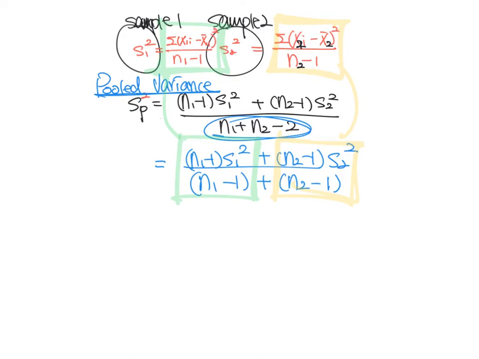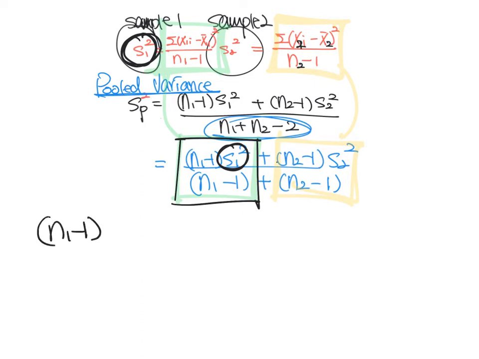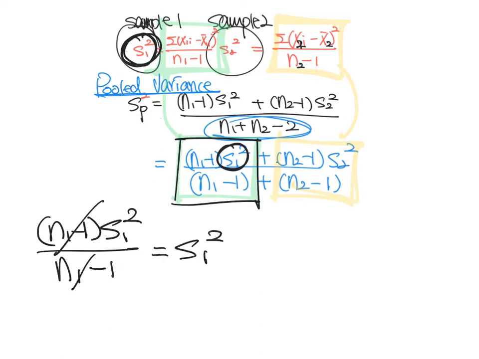When I plug S1 square into here, let me take this part. So n1 minus 1 S1 square over n1 minus 1. Simply now, it is S1 square. It's the same idea.